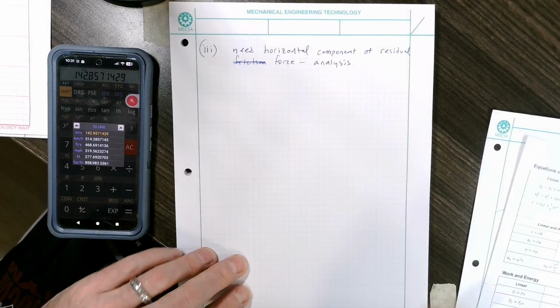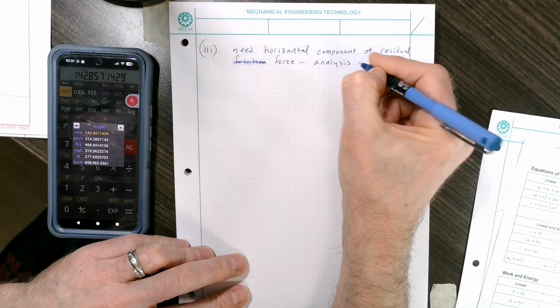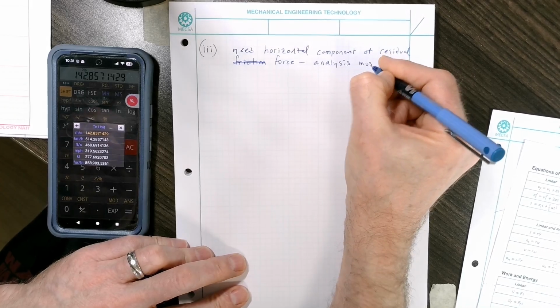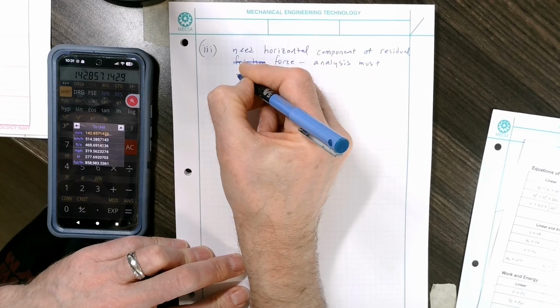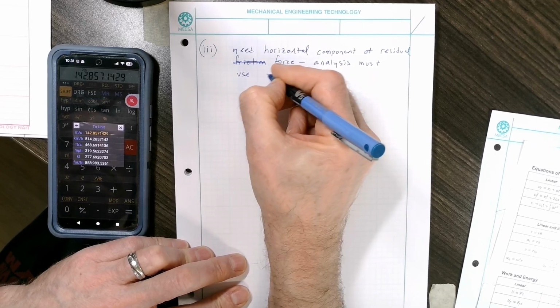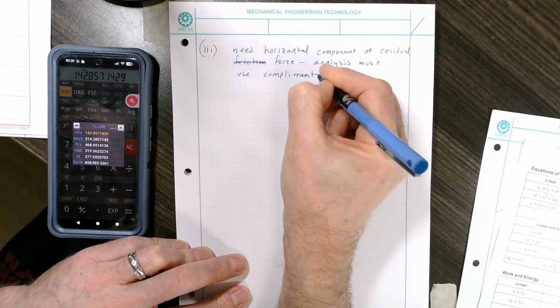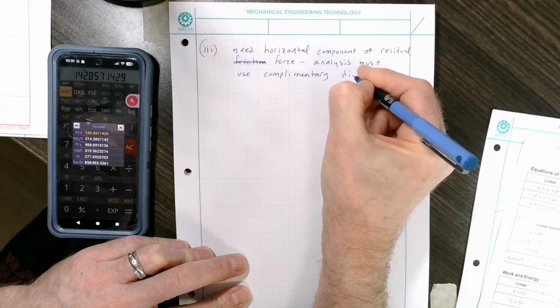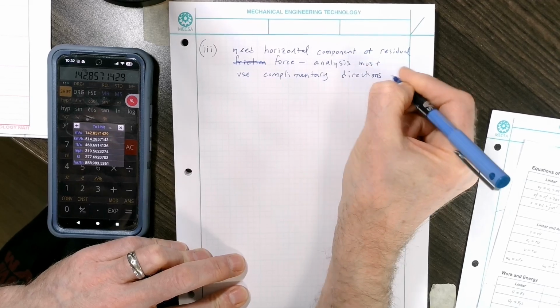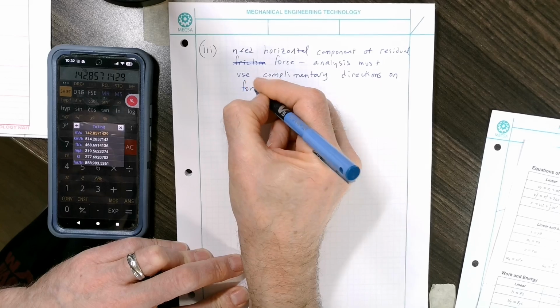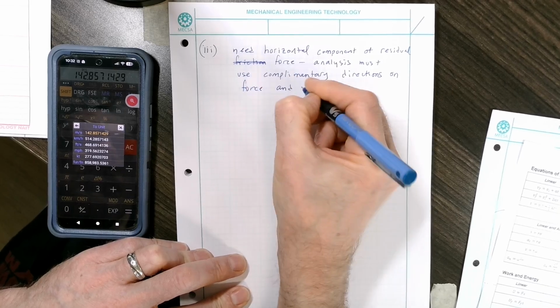So I need the horizontal component of the residual force. Analysis must use complementary directions on force and velocity.